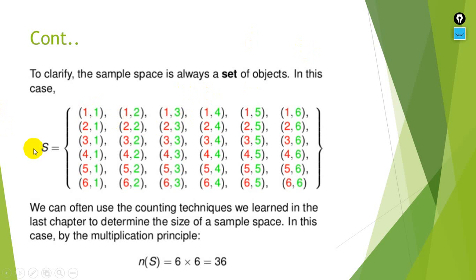We can say this is the sample space set, a universal set, the set S. And here I have written the total number of possibilities: if we have 6 possible points on one dice and 6 on the other dice, the total number of possibilities will become 6 multiplied by 6, so we have 36 total possibilities. If you have any question related to sample space in this example, you can ask.